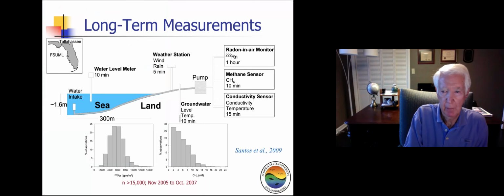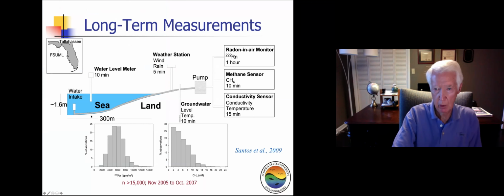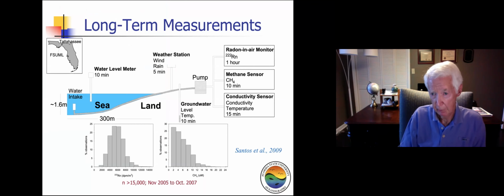We did some very long-term measurements. This is in one of Isaac's papers. So we had a pump set up to draw water in from an intake 300 meters offshore and bring the water directly into our inside laboratory. We were measuring the water level of the ocean. We had a weather station to measure wind velocity, direction, rain.